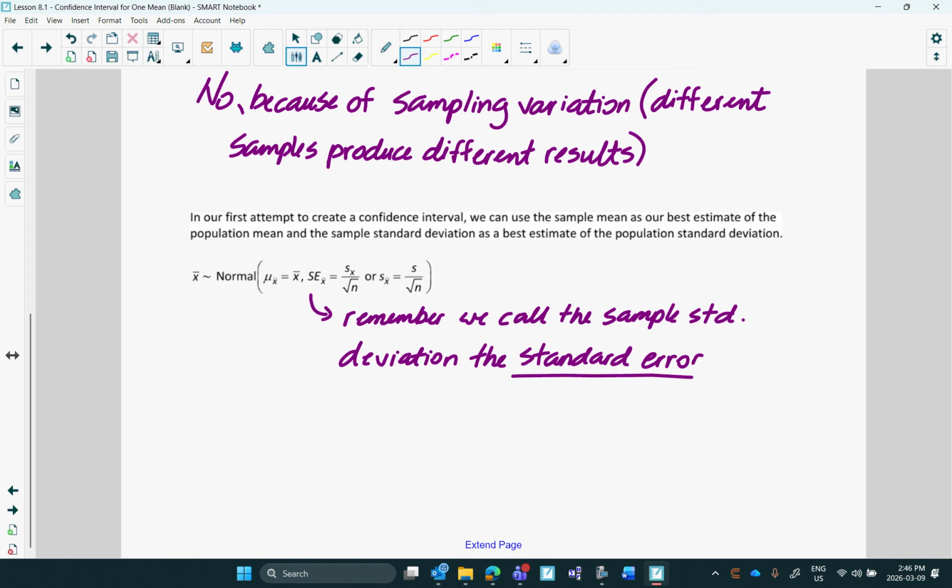When we go from population to sample, we call it standard deviation. When we go from sample to population, we call it standard error.